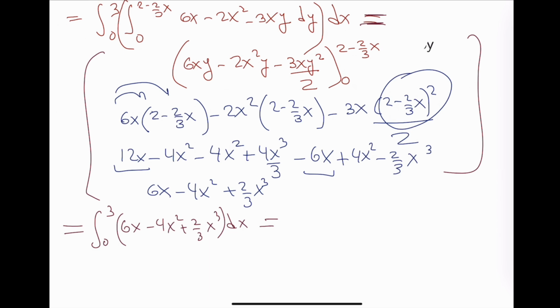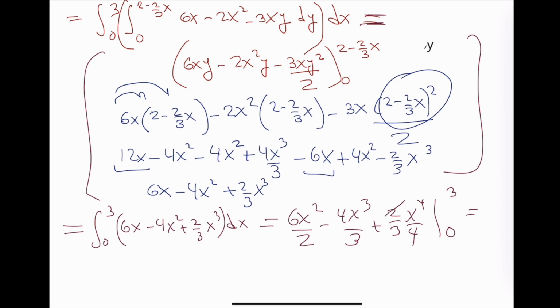So this is the last integral we need to calculate here. Okay, so let's do the primitive of this. That will be 6x squared over 2 minus 4x cubed over 3 plus 2/3 x to the 4 over 4, right? And this evaluated between 0 and 3.